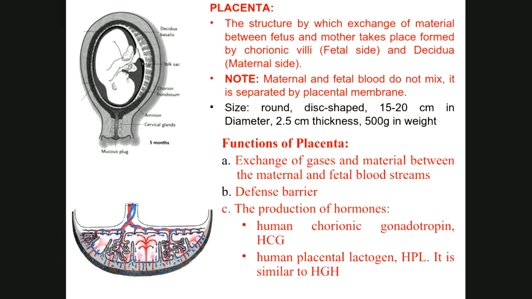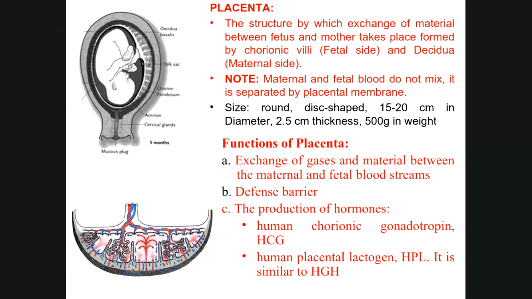But its most important fact is that it is responsible for exchange of gases and nutrients between the mother and the fetus. But the blood between the mother and fetus does not mix. They are separated by the placental membrane. So this is what it is about the placenta.